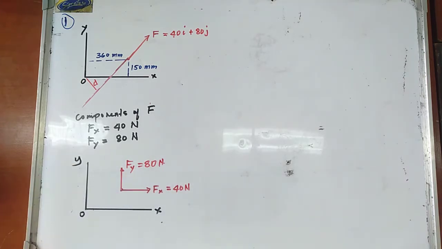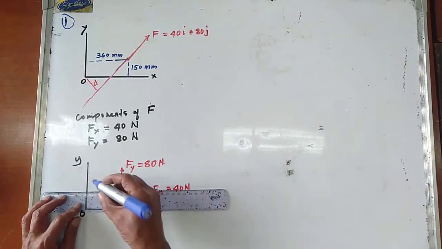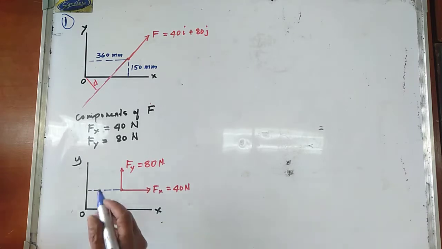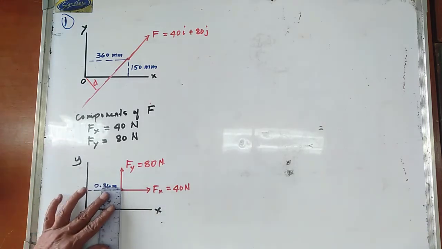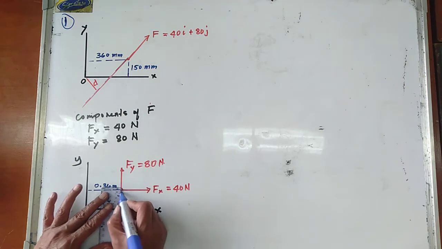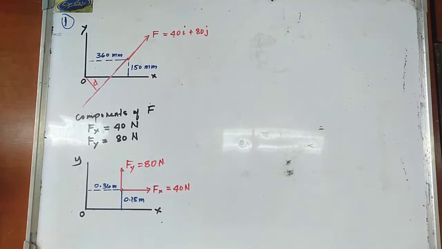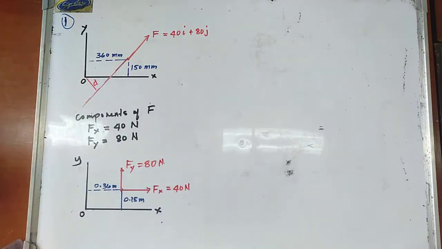This is equal to 360 millimeter, or 0.36 meter. And this one is 150 millimeter, or that is 0.15 meter. So we are now ready to determine the moment of the force F about point O.